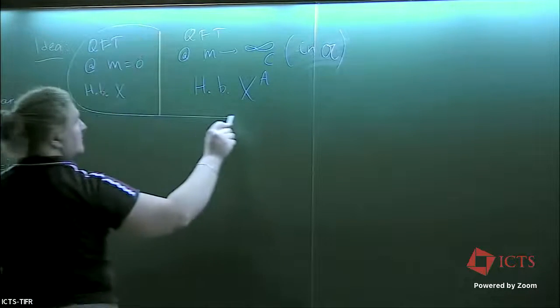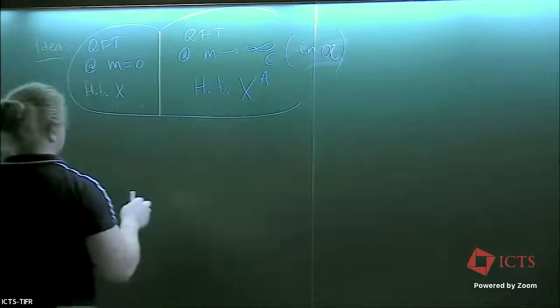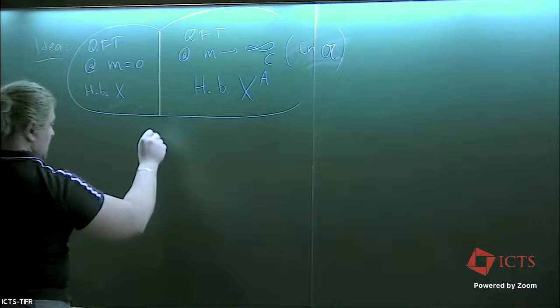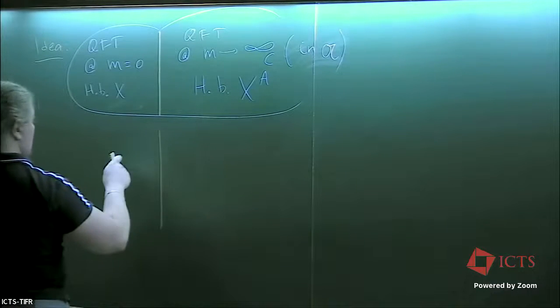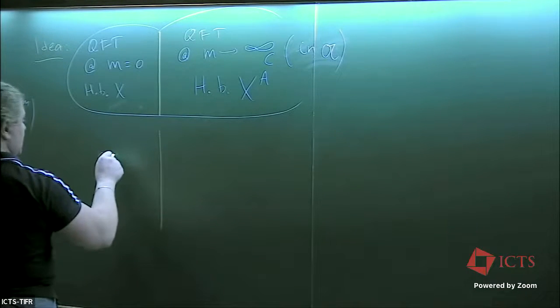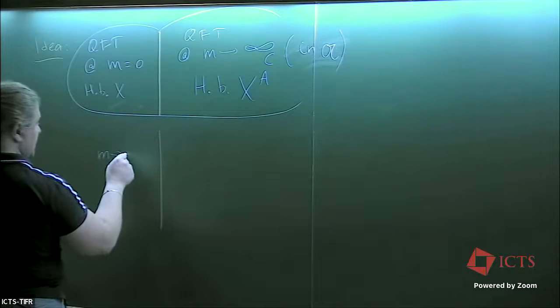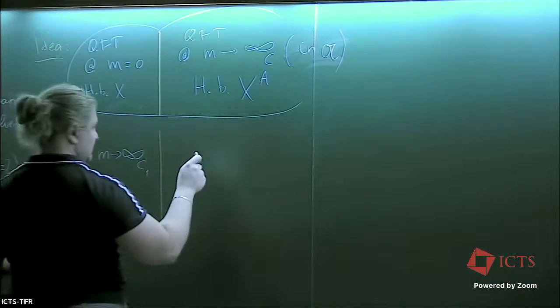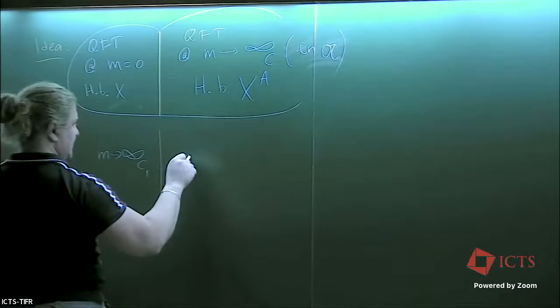So that's one picture. Or alternatively, I could also consider things where I have non-zero masses on both sides, but they go to infinity within different chambers.